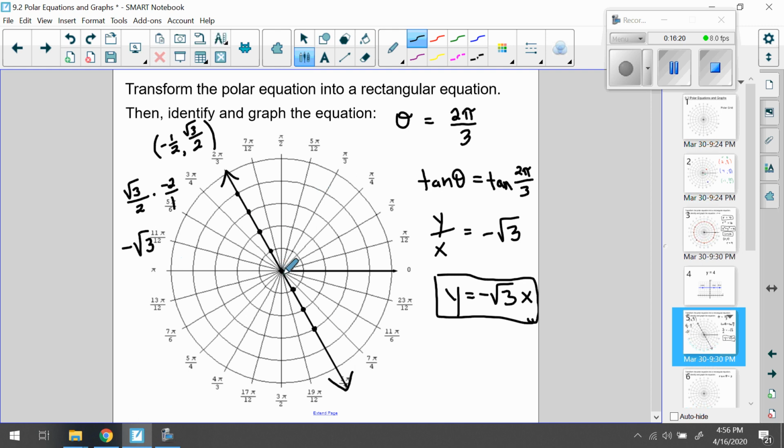Like if you could pretend this is 0, 0, and something with a negative slope is going to go down from left to right. It's going to go down root 3 over 1, down root 3 over 1, down root 3 over 1. And so there you have it. You've got your equation, and we've got our graph. And we've identified the equation as a line.